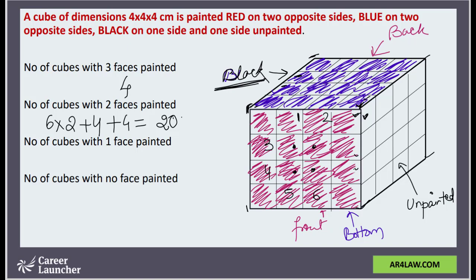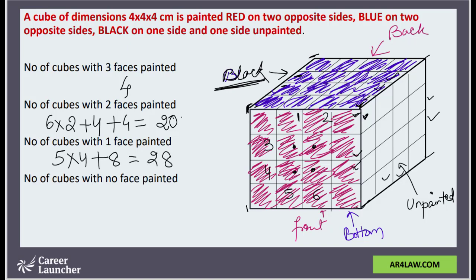So we will do a calculation as 5 into 4. Do we have more such cubes for which only one face is painted? Yes. And these are those. 1, 2. So 2 are going to be here also. 3, 4, 5, 6, 7 and 8. So 8 more. So 28.